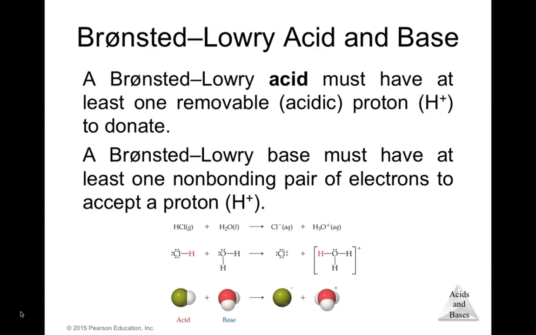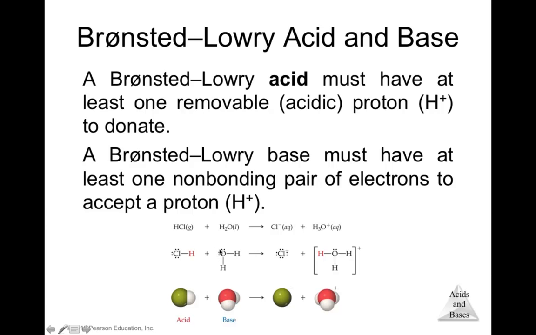So here we have an example of HCl plus water producing Cl- plus H3O+. We can see here that this hydrogen is in a covalent polar bond because chlorine has a higher electronegativity than the hydrogen, so that's why this is partial negative and this is partial positive.